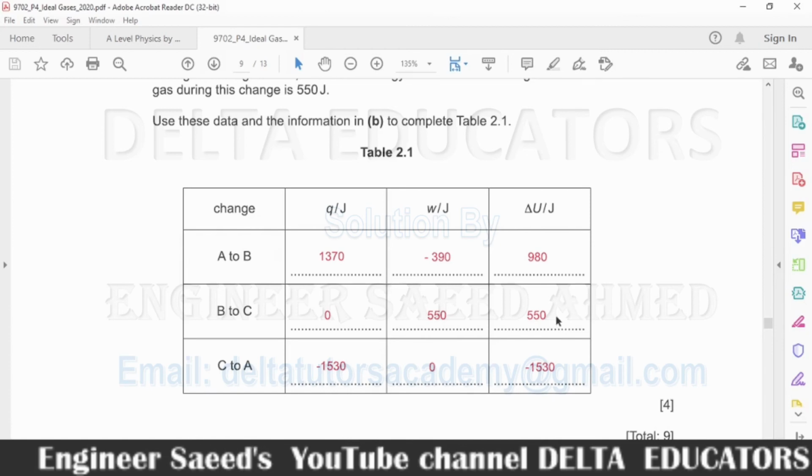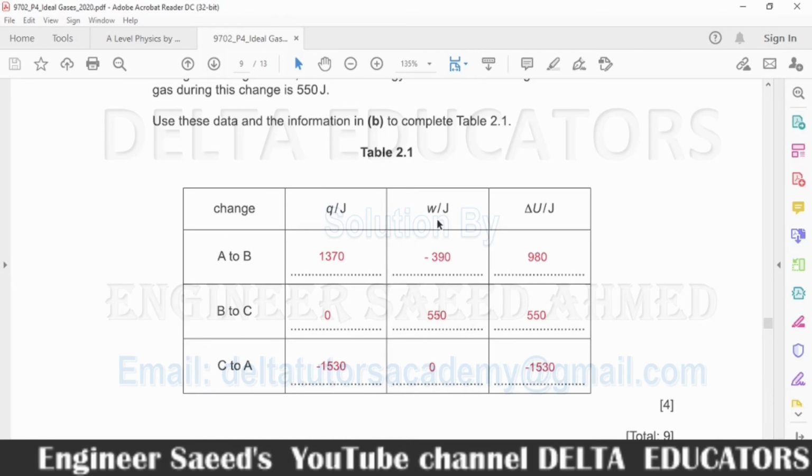Because here it is an increase in internal energy, and from C to A it will be a decrease in internal energy, because in a complete cycle the net change in internal energy should be equal to 0. Now if we sum up these two energies, it will be equal to 1530 joules. So here change in internal energy from C to A will be equal to 1530 joules but with negative sign.